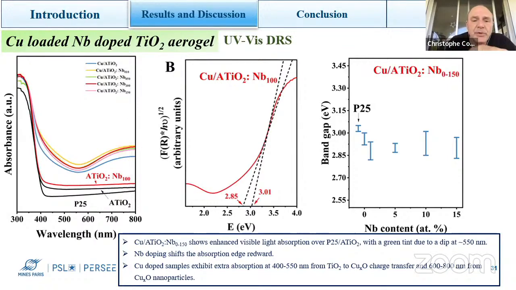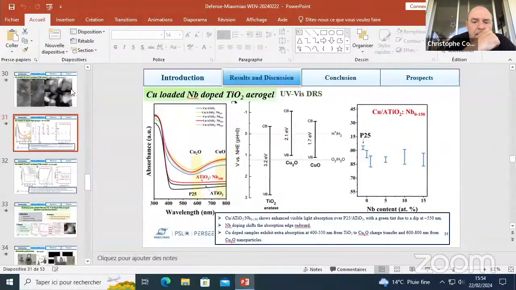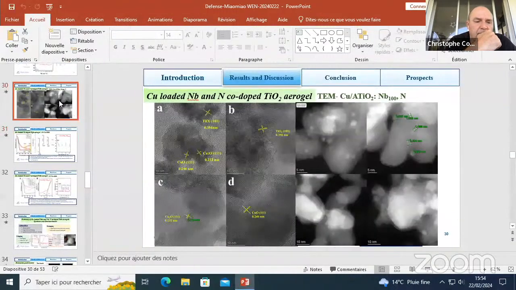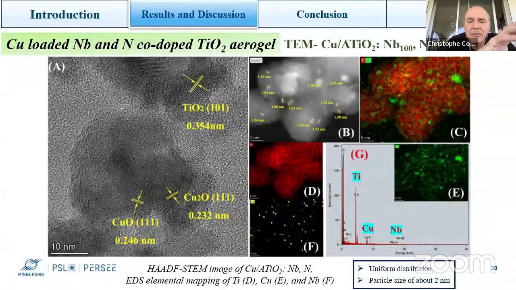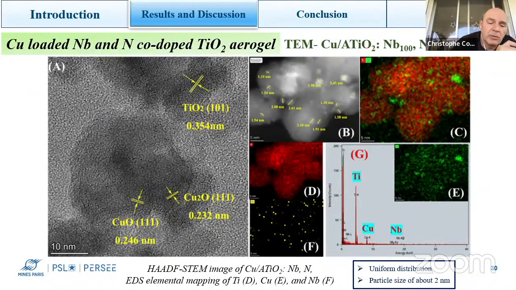Can you show me the microscopic picture with copper? Yeah, that's it. So, can you sum up exactly what you characterized there? So we have titanium dioxide, we have copper monoxide, copper 1, copper 2.